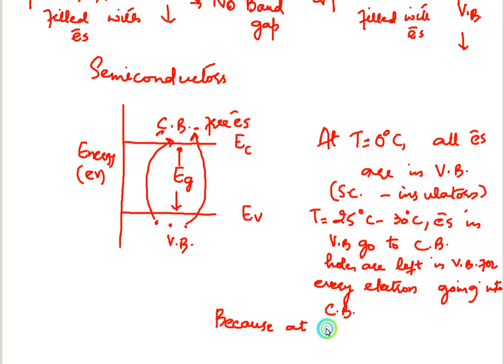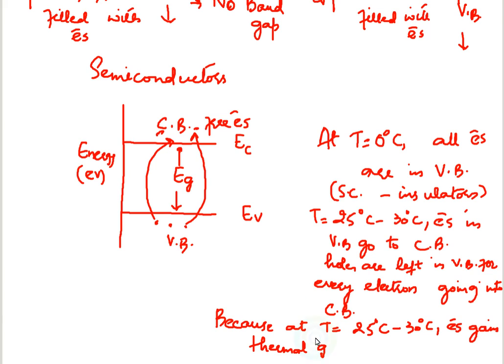at temperature T equal to 25 degrees Celsius to 30 degrees Celsius, whatever may be the range, electrons in the valence band gain thermal energy. Very important point.